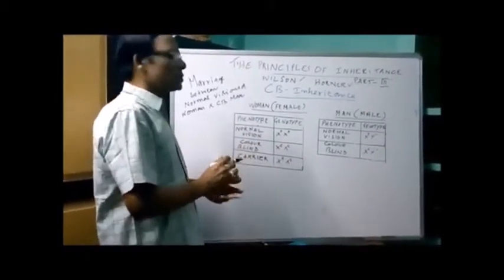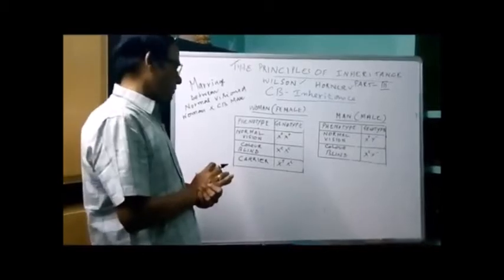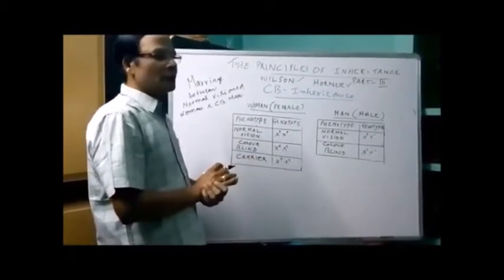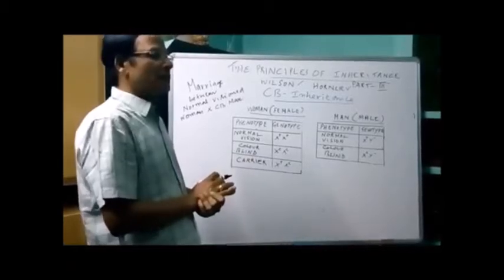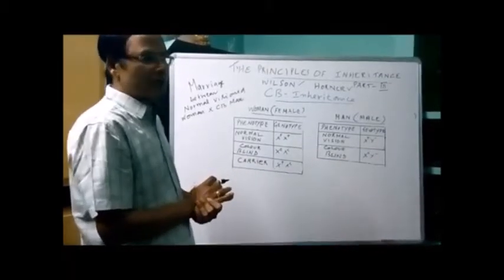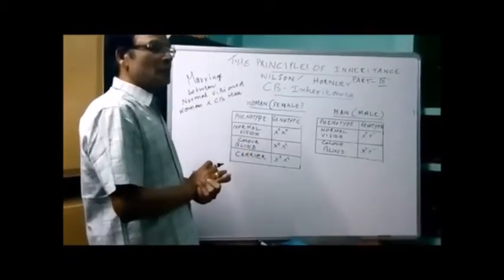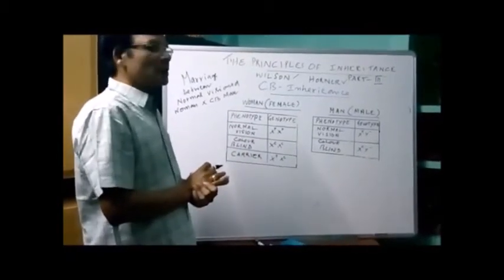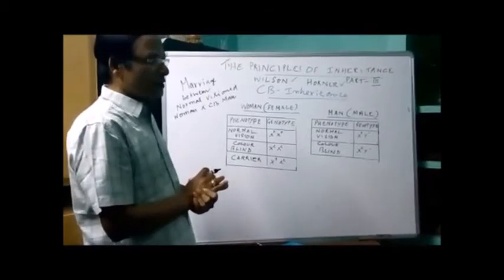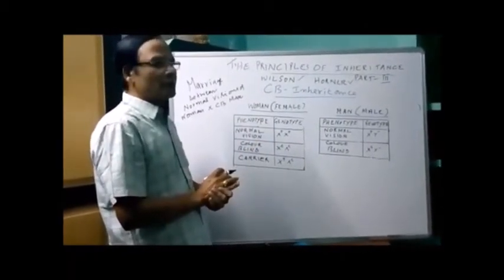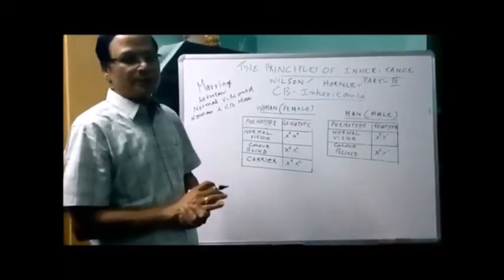But there is no colorblind female at present, because once an embryo is formed with a colorblind condition, the embryo is aborted. That's why we can say there is no colorblind female. But normally 0.4% of the females are affected. That means a colorblind embryo is formed, but it will be aborted.